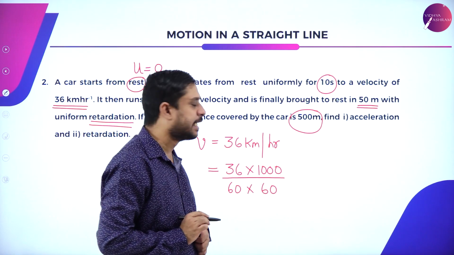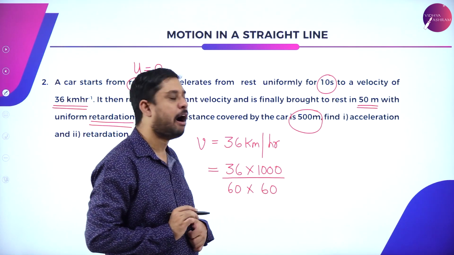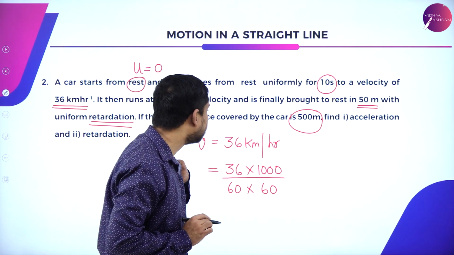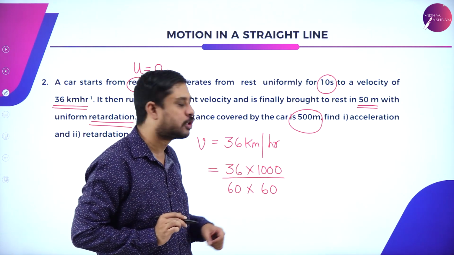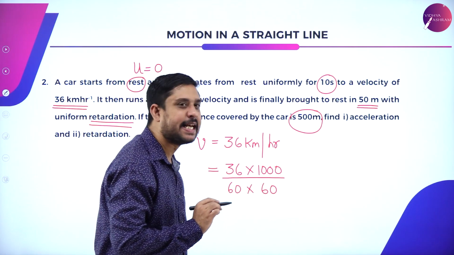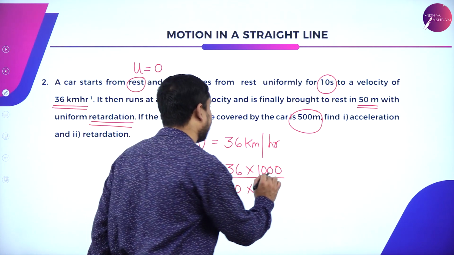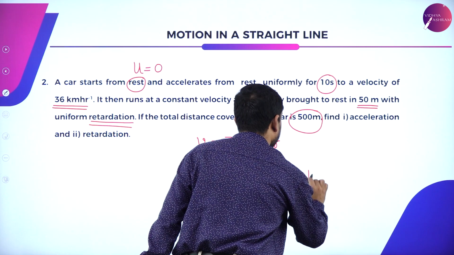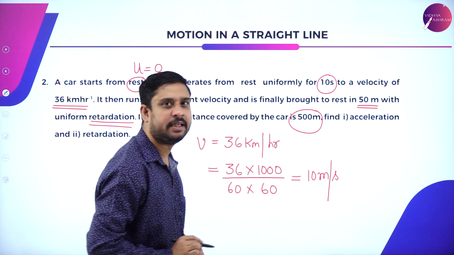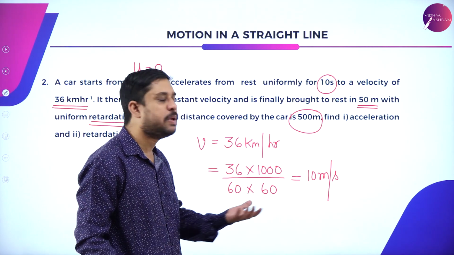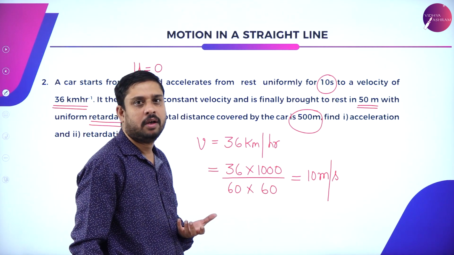So, converting kilometer per hour to meter per second, 36 into 1000 divided by 60 into 60, which is 10 meter per second.